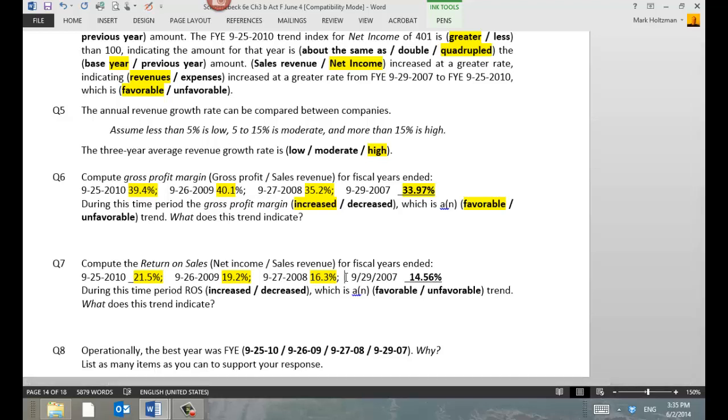During this time period, return on sales increased, and that is favorable. Again, what does this mean? It shows your profitability. How much you squeeze out of each dollar of sales.